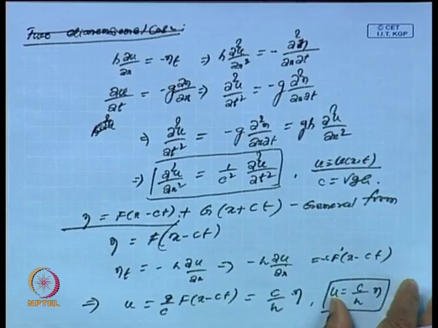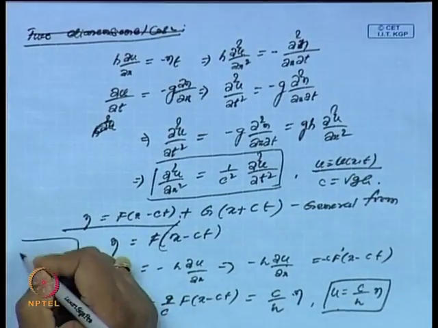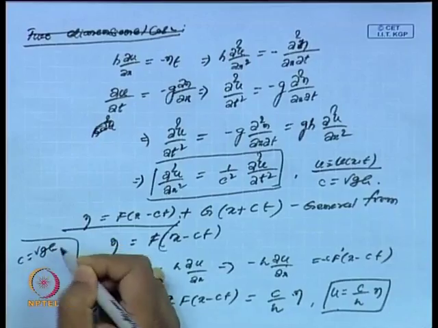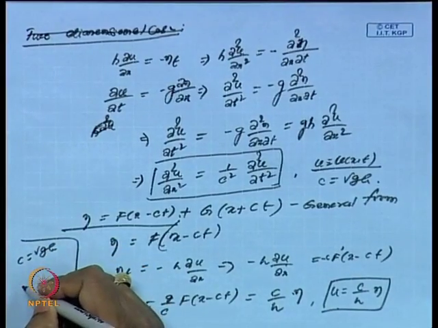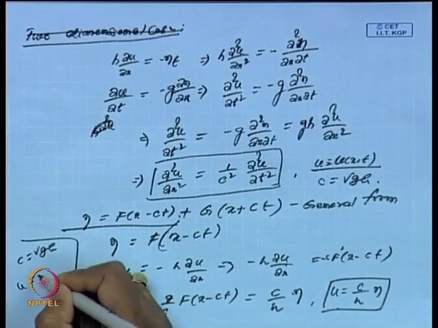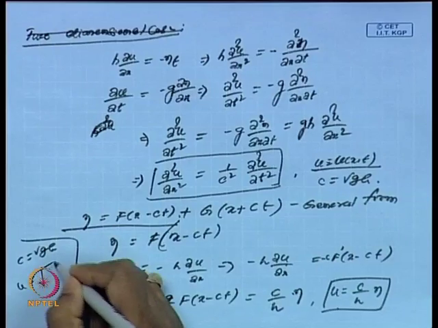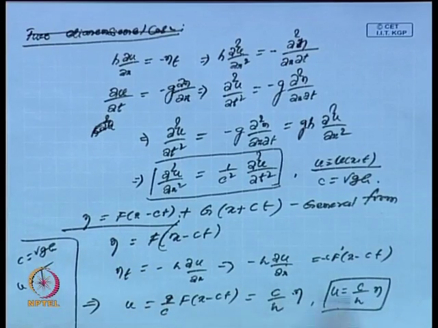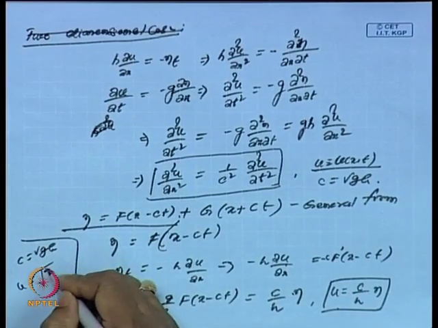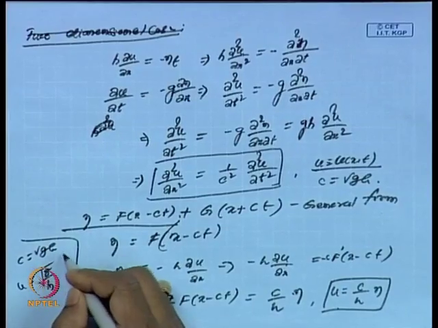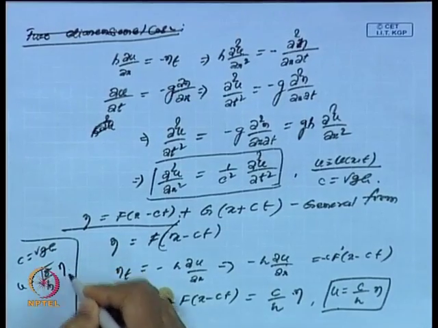Then another result: again we have seen that c is root g h. Once we have c is root g h, then u becomes, this will be g, c is root g h, so root g by h into eta.